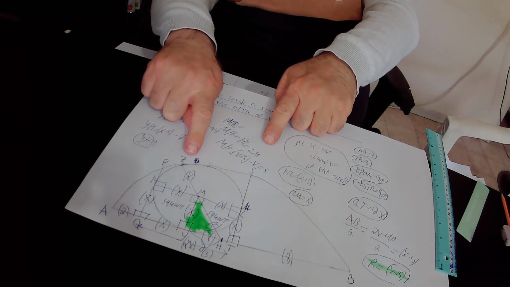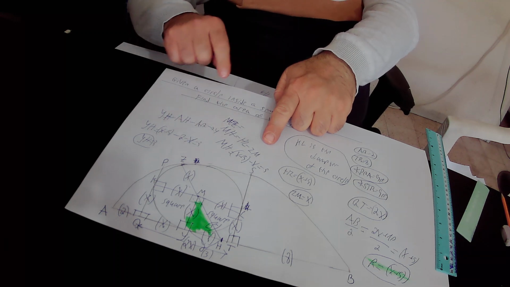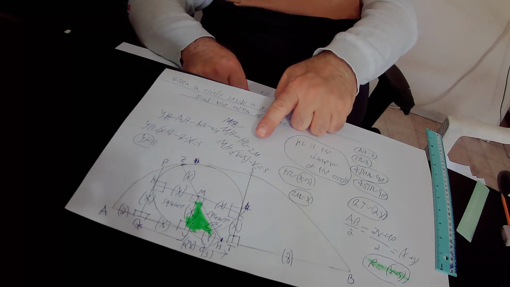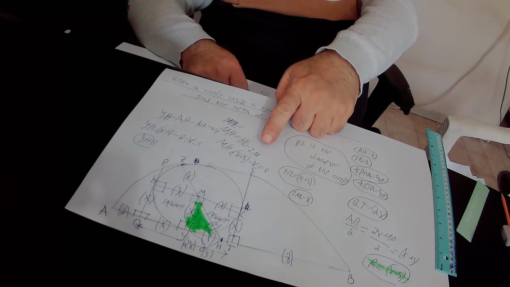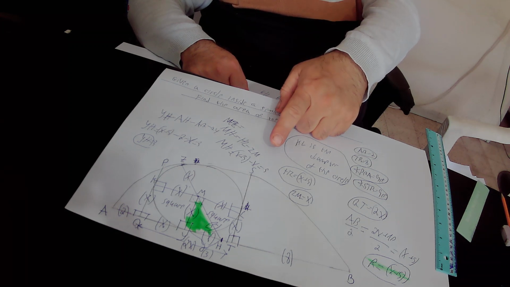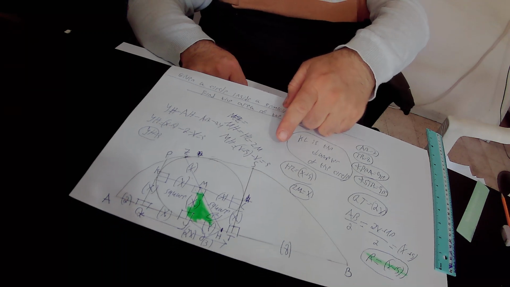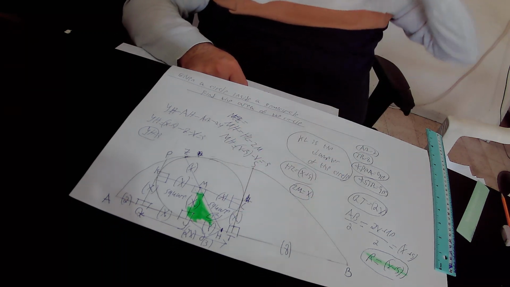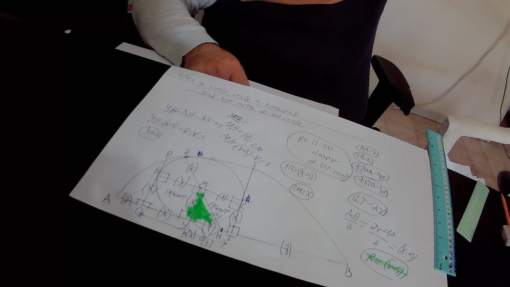MZ is the radius of the small circle, that is x. So in total, the length inside MH equals x plus 5 minus x. X plus 5 minus x is 5, because x minus x is 0. So we found out that the length MH equals 5 units.